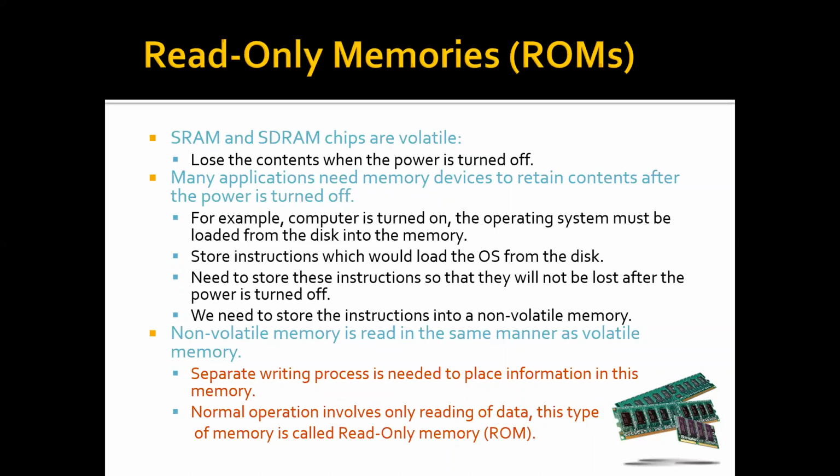If a computer doesn't have the operating system installed, it will give an error message like disk boot failure or no boot disk found. That means some instructions are already written there. These are written in the form of firmware. Firmware is nothing but ROMs.